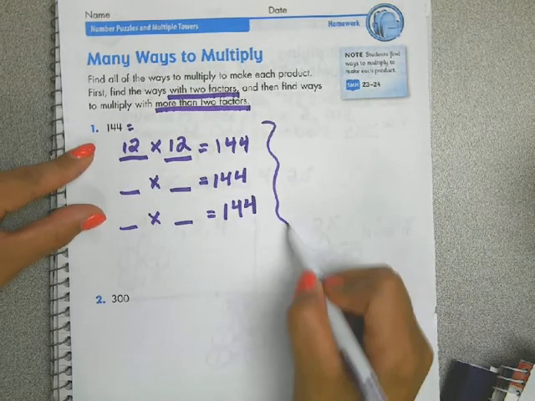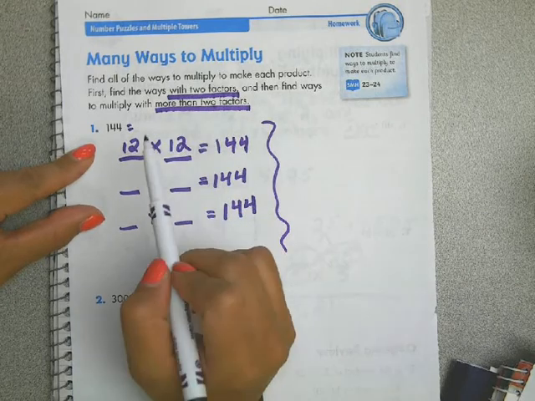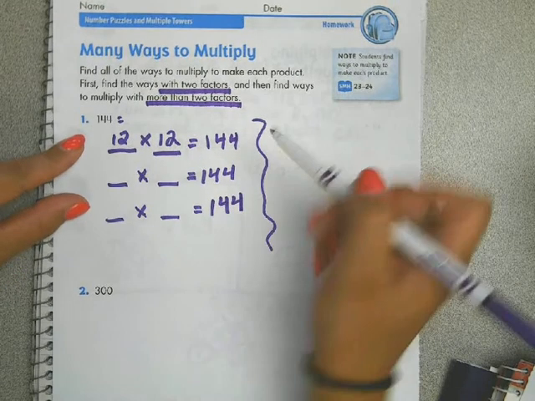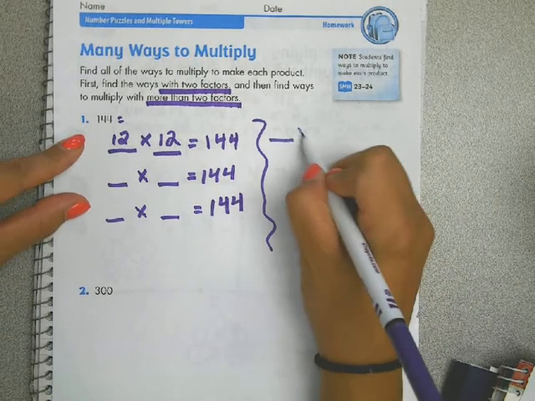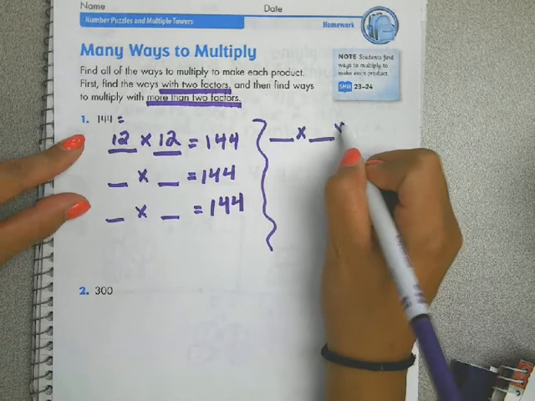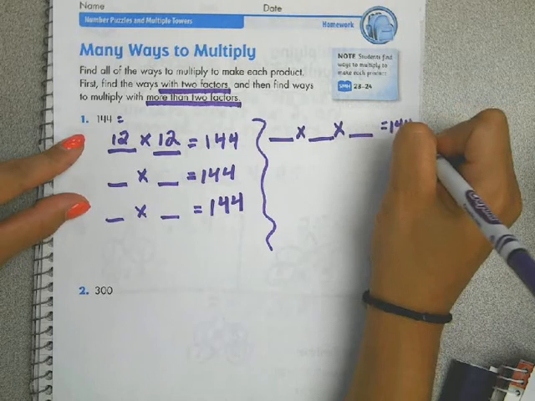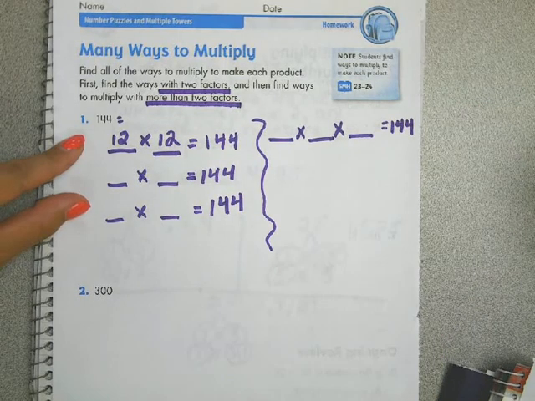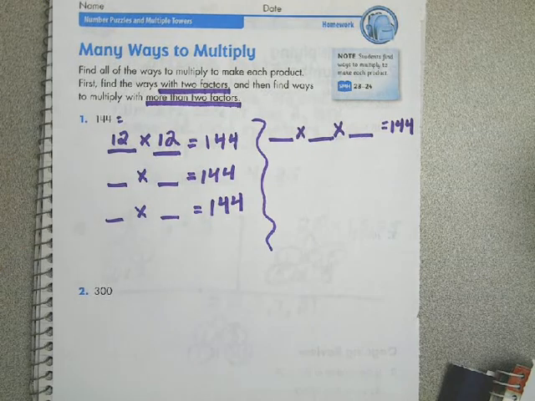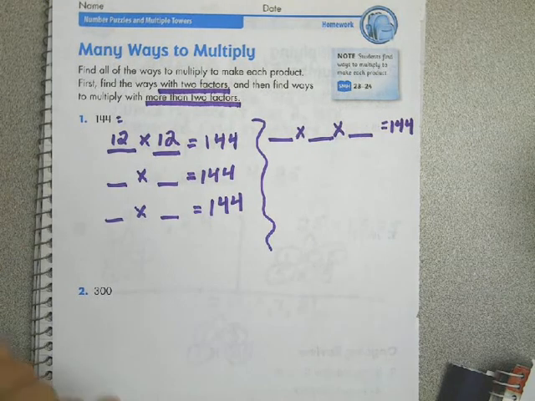So we have to find the ways to multiply with 2. 12 times what is 144? Josh. 12 times 12. Good. Everybody has one answer on their homework. Hold on before you start giving me more.